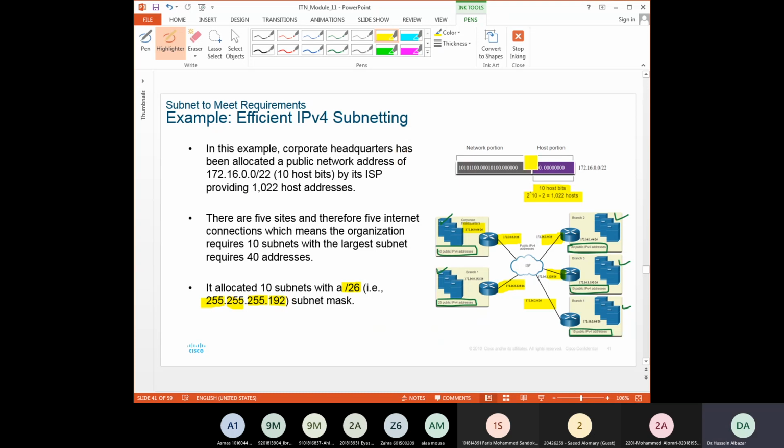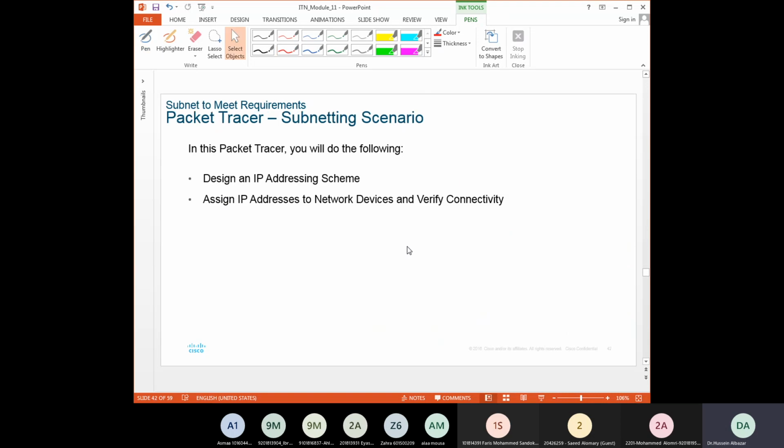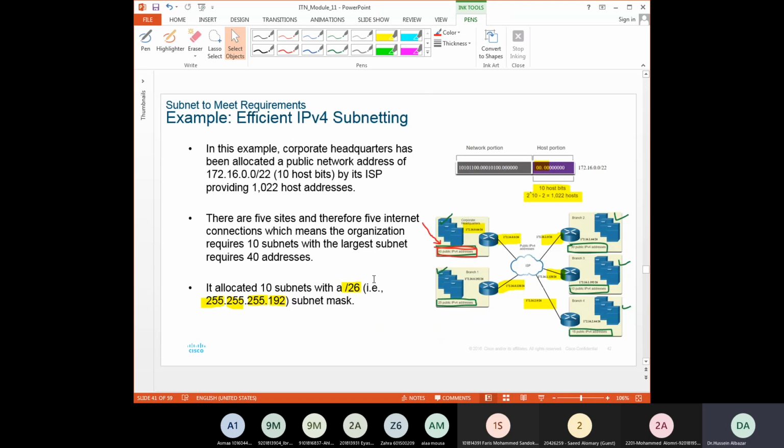It was 10. We borrowed 4. So 6 bits now for the host portion. 2 to the power 6 equals 64 minus 2. So 62 host addresses available per subnet. So we will also meet the maximum requirement of public IPv4 addresses. So in this case, we will use the prefix /26 to create 10 different subnets, and per subnet we have 62 usable host addresses. Is that clear?